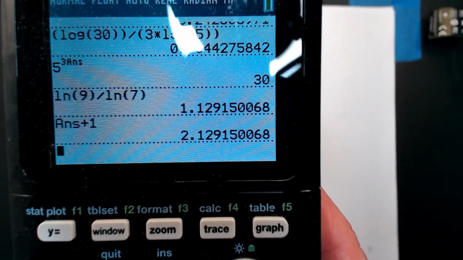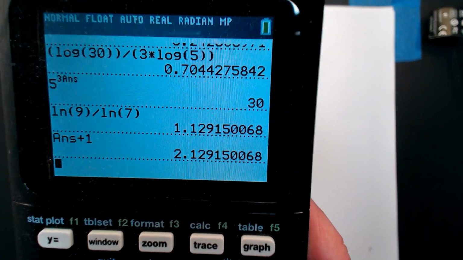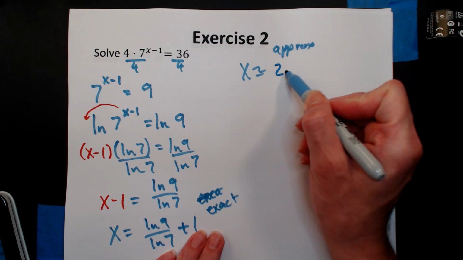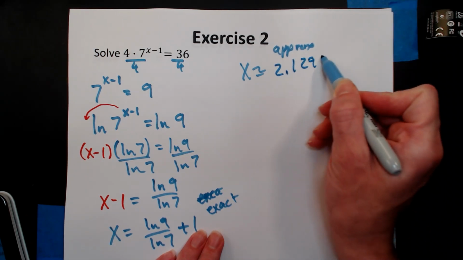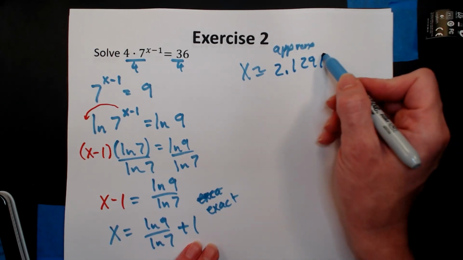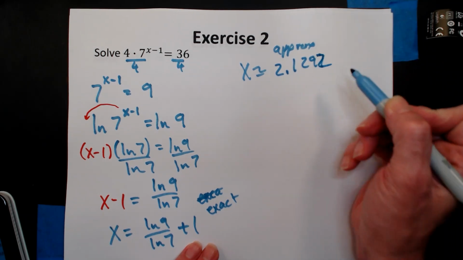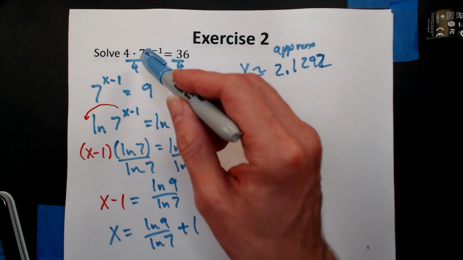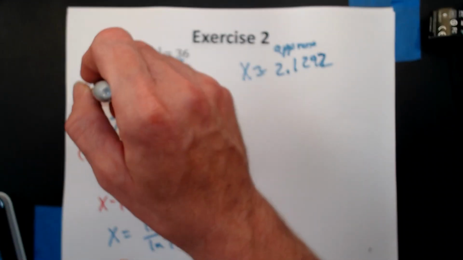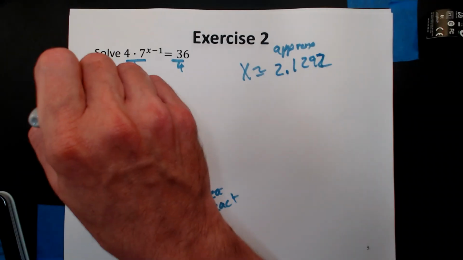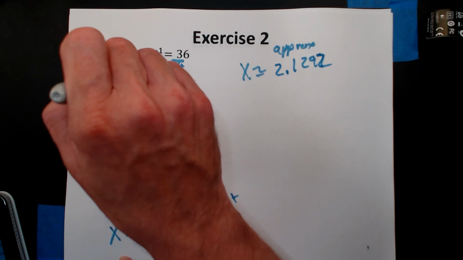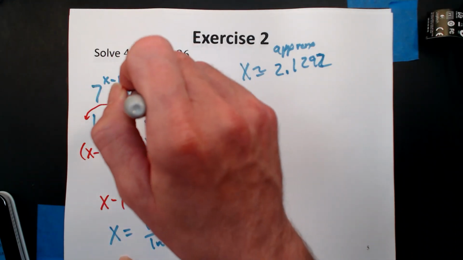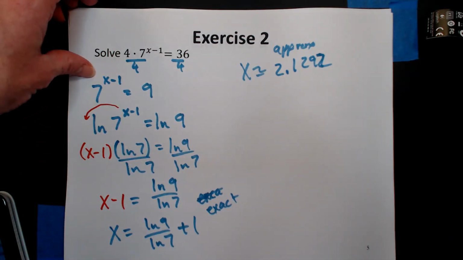So I get 2.1291. Round that up to a 2 if you wanted to. Once again, you can always check this by plugging in and saying 7 to the 2.1292 minus 1 power will give you 9 back out. You can check that and it will check out.